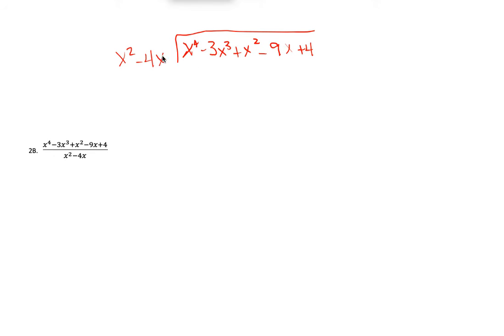Well, I need to multiply it by x squared. So I will write x squared up here, and then I will multiply that through. x squared times negative 4x is negative 4x cubed. Don't forget you need to subtract. So this actually becomes x cubed. And I'll bring down my x squared here.